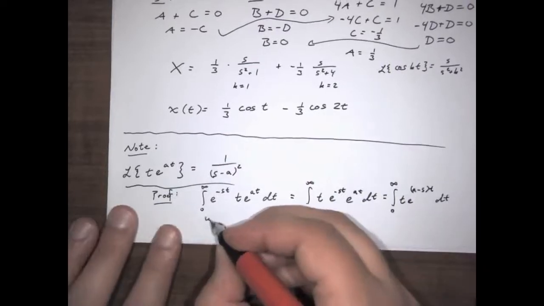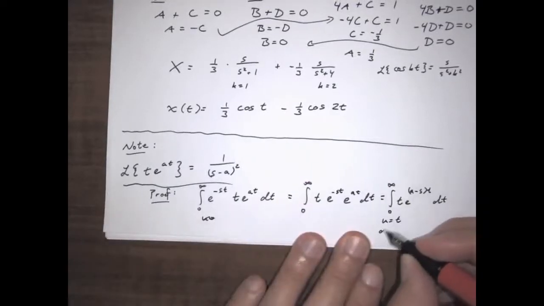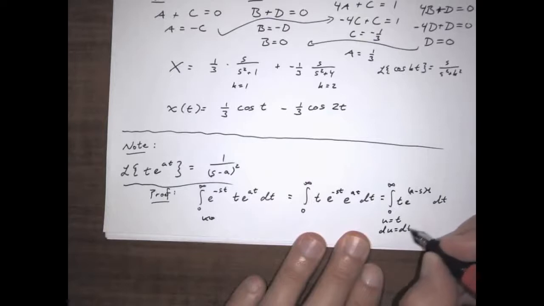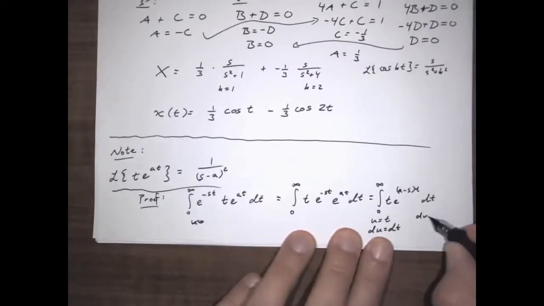So then the u here will equal t, the du would therefore be dt, and then the dv will be e to the a minus s t dt, which makes v equal to 1 over a minus s e to the a minus s t.